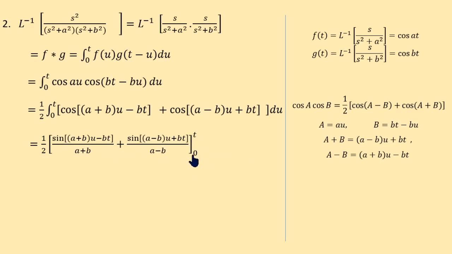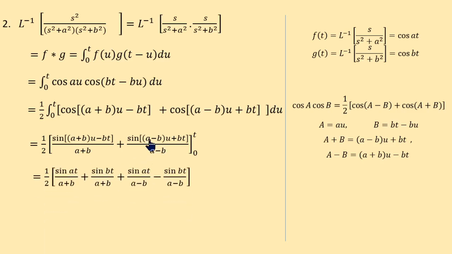Upper limit is t, lower limit is 0. Here upper limit is t means at plus bt minus bt, bt minus bt cancels, at remains, sin at by a plus b. Lower limit 0 means this part becomes 0, minus bt, sin of minus bt is minus sin bt, so lower limit, so it becomes plus sin bt by a plus b.